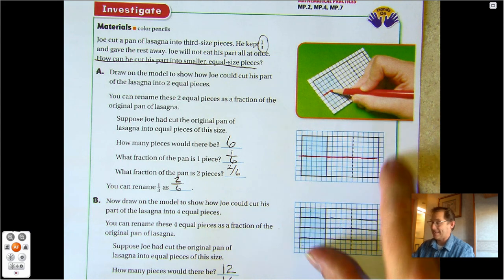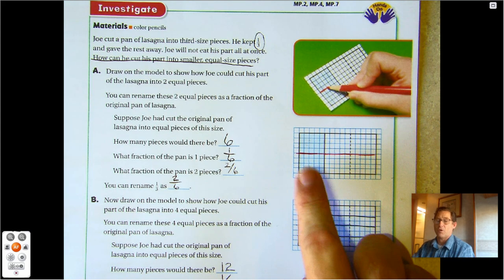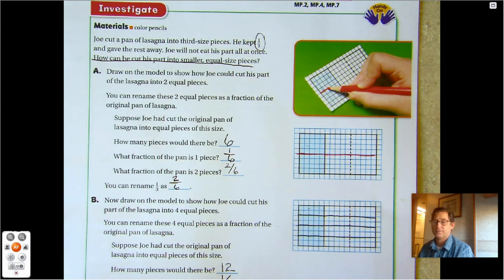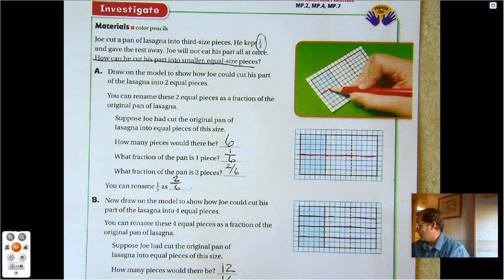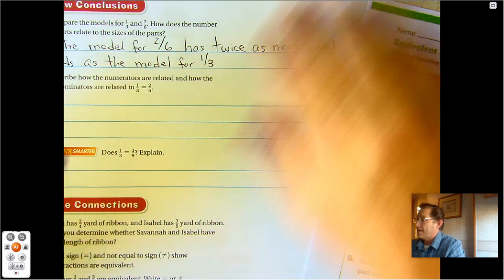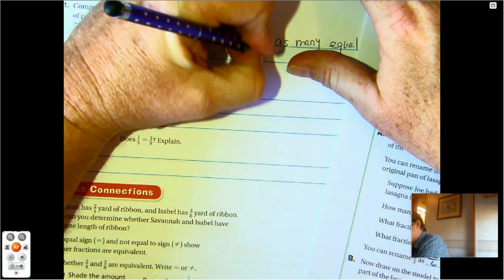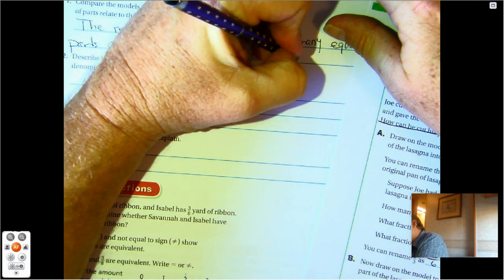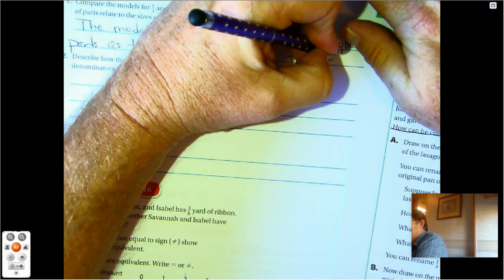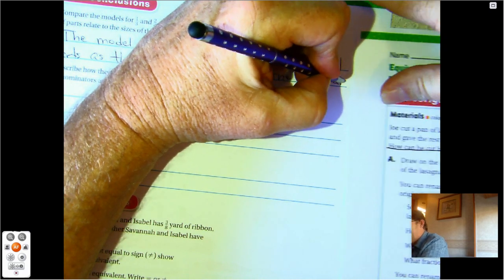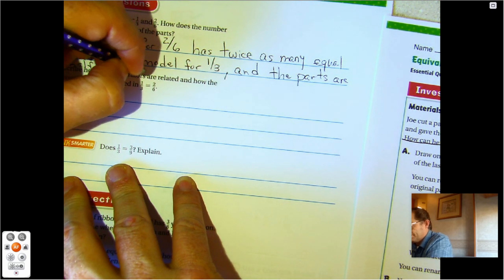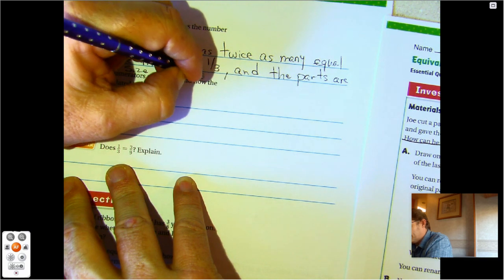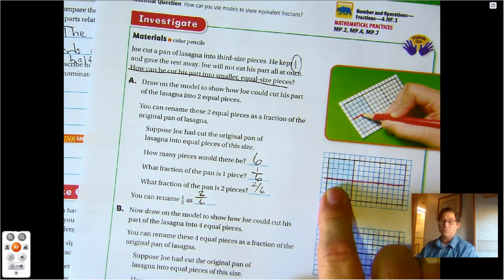We now have twice as many equal parts as we had when we had 1/3. Right? We had 3 pieces originally. Now we have 6 pieces. So it's twice as many. And the parts are half the size of the 1/3 model. Right? Each piece is half of what it originally was.